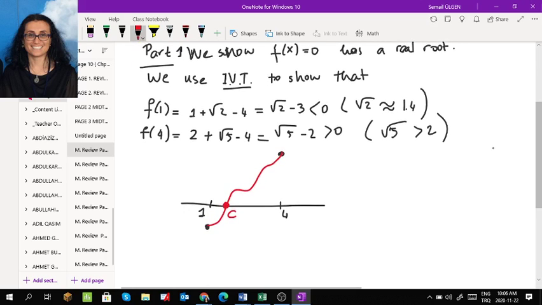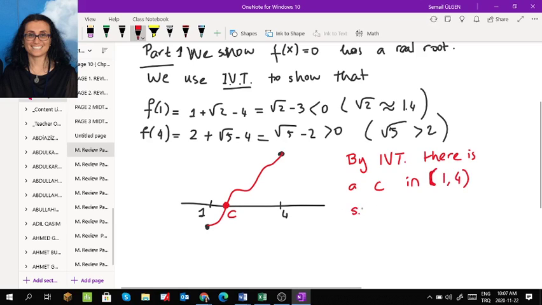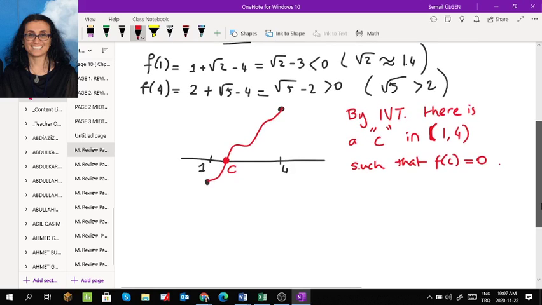So we say that by the intermediate value theorem, there is a point c in the open interval 1 to 4 such that f of c is equal to 0. Okay, so we proved that there's a real root.